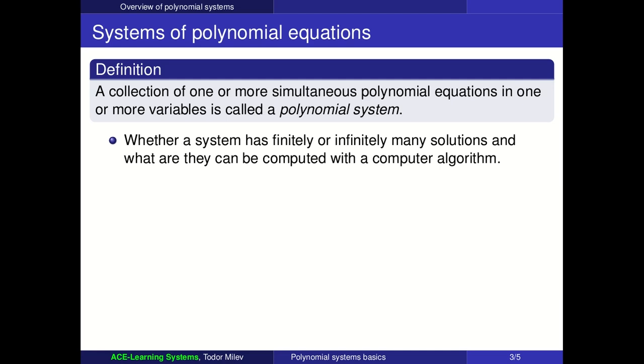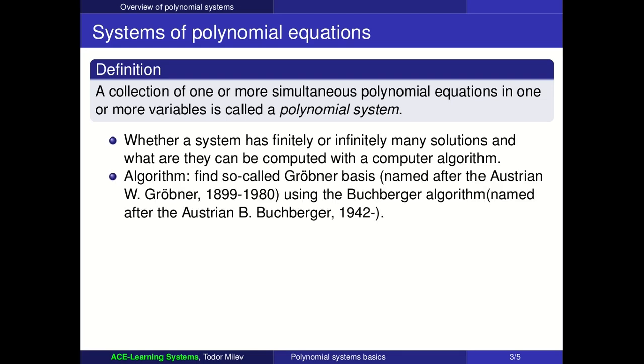Whether a polynomial system has finitely or infinitely many solutions, what are these solutions? All of these things can be computed with a computer algorithm. In fact, the algorithm can roughly be summarized like this. Find something called a Grobner basis, named after the Austrian mathematician Wolfgang Grobner.